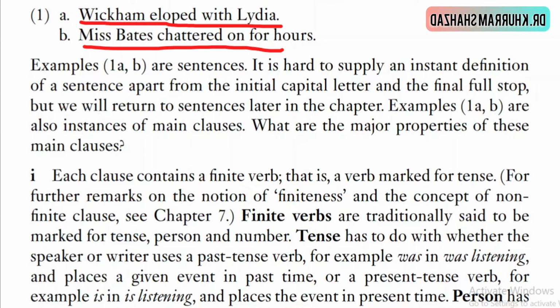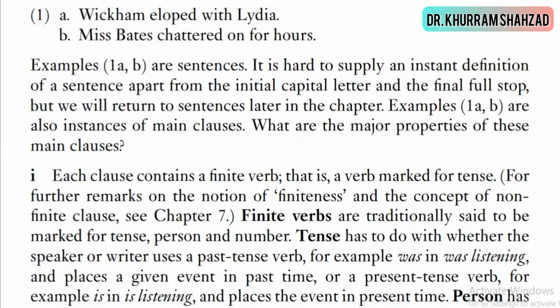So let's read the sentence again. Wickham eloped with Lydia. So in eloped, it has got ed, and the ed is telling us that this is the past form of the verb. So it means that this clause is telling us about the time. So the first property is the finiteness of the clause.